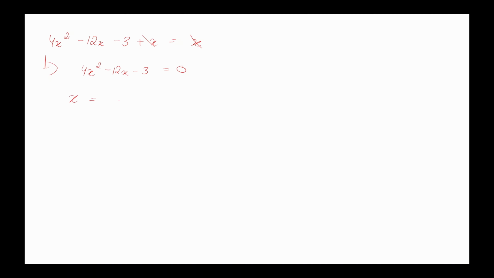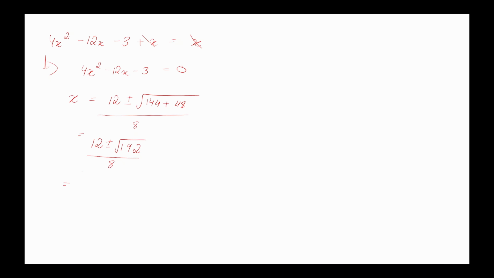This is a quadratic equation, so what used to be the solution of a quadratic equation? Minus b plus minus root under discriminant upon 2a. So minus b, this would become 12, plus minus root under b square minus 4ac, so 4 4s are 16, 16 3s are 48, upon 2 4s are 8. So this transforms to 12 plus minus root under 144 plus 192, by 8.